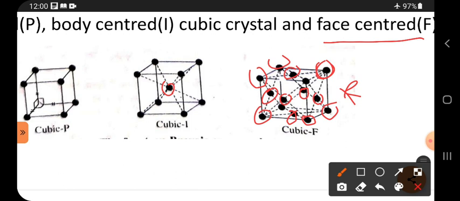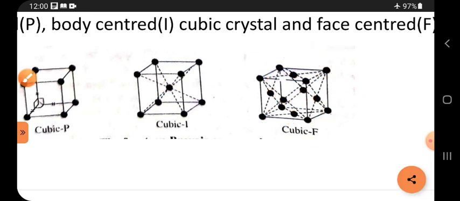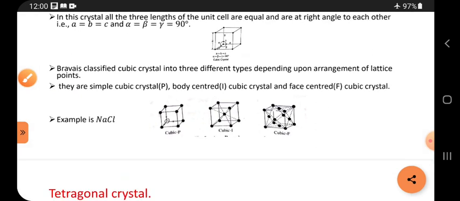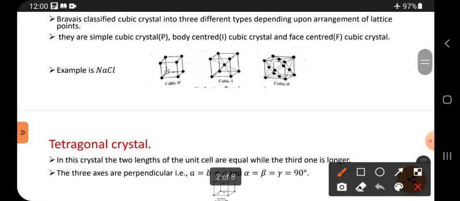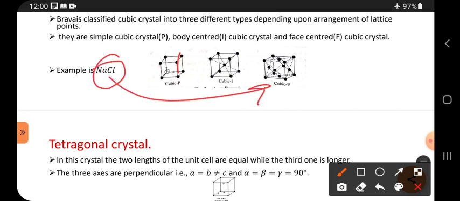Totally the 6 faces contain 6 lattice points at their centers. That is why it is called a face centered cubic crystal. And a good example for the cubic crystal is NaCl, sodium chloride. The sodium chloride structure is always face centered.